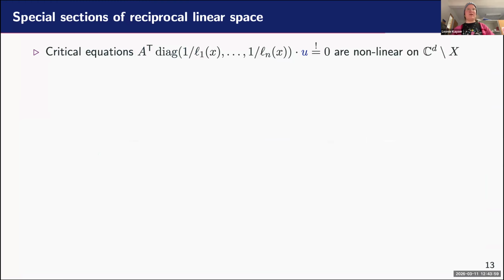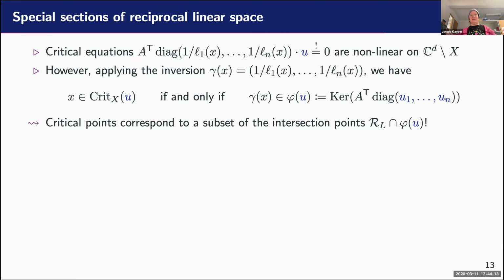Why is this relevant to our story here? If we take the critical equations on the hyperplane arrangement complement X, this is a nonlinear equation because we invert X, clearly. So you may have the idea that if we just take the image of X under this coordinate-wise inversion, which is the thing that we take the closure of to get the reciprocal linear space, then suddenly this becomes a linear condition.